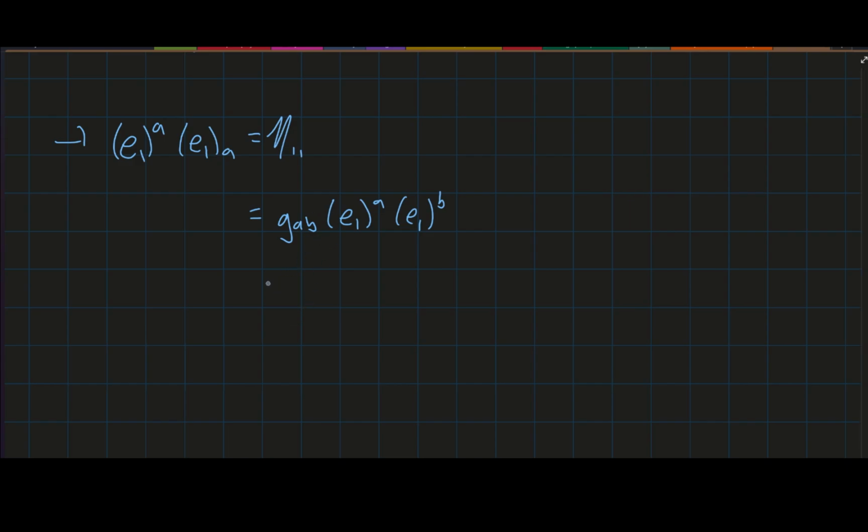Now we know that actually GAB can be written as omega squared times eta AB. So let's do that. And then take these E1As and E1Bs, and essentially what these are going to give us is each an alpha, and then a delta, just saying that A has to be 1 and B has to be 1.